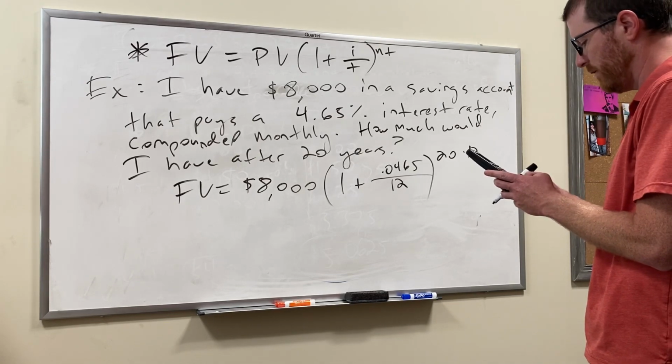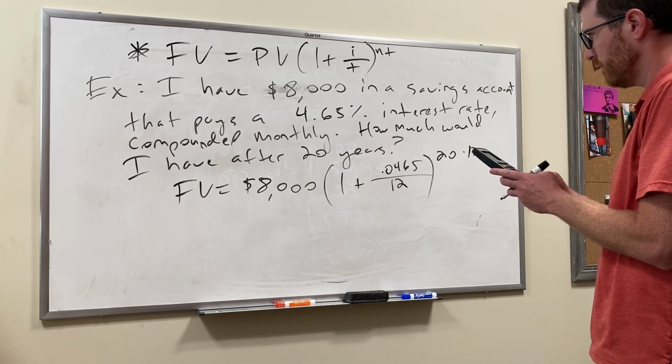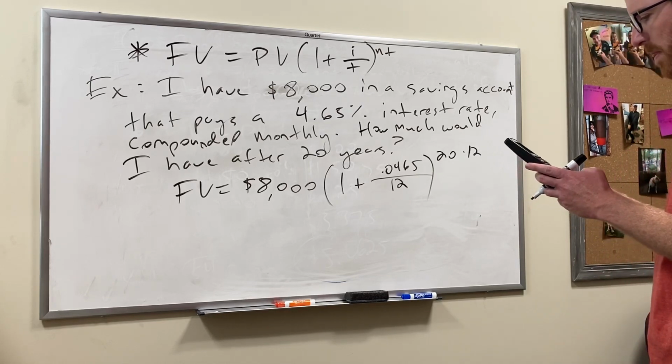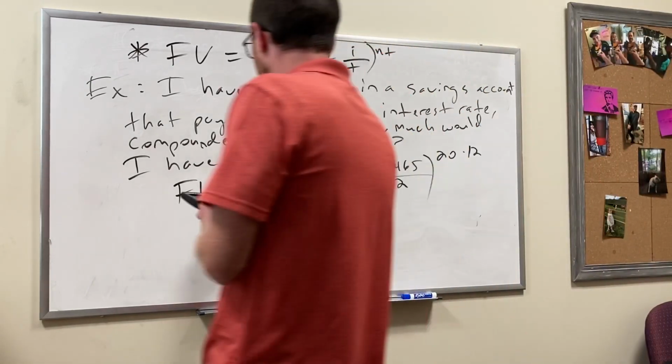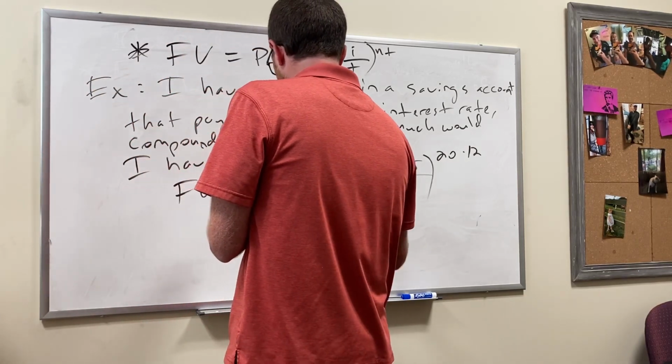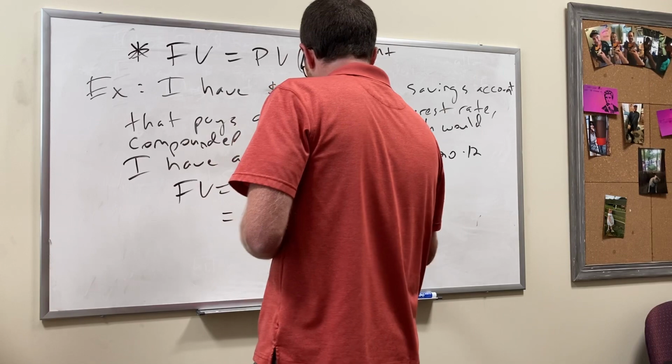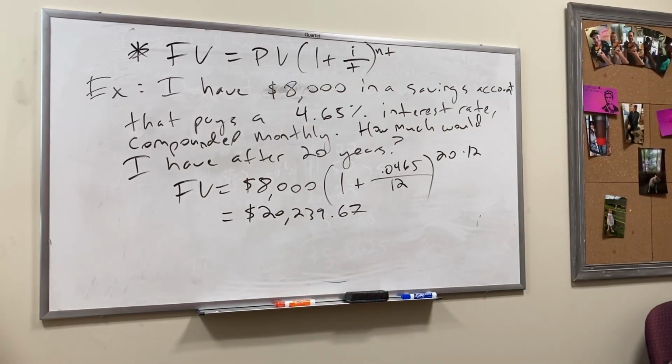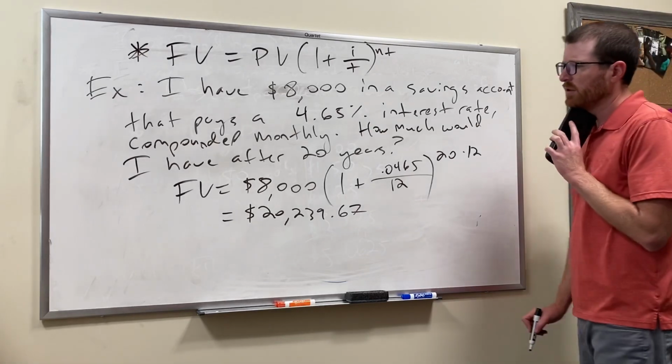So let's practice this. And it looks like what you should get here for the future value is 20,239.67. Okay? So that's what you'd have after 20 years.